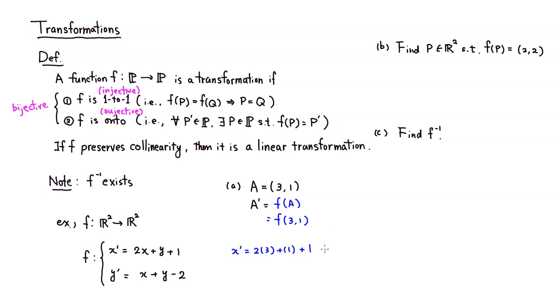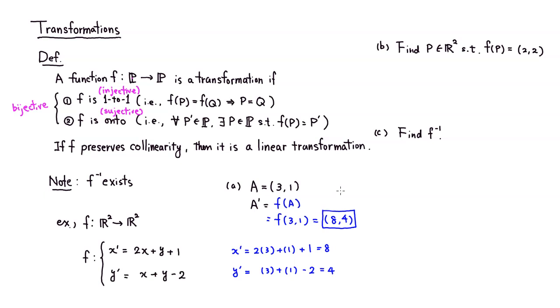So 6 plus 1 plus 1, so this is going to be 8. And y prime is going to be x is 3, plus y is 1, and minus 2. So it's going to be 4 minus 2, so that's 2. Therefore, the point is going to be (8, 2). So that's A prime.